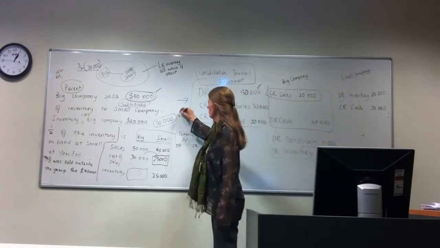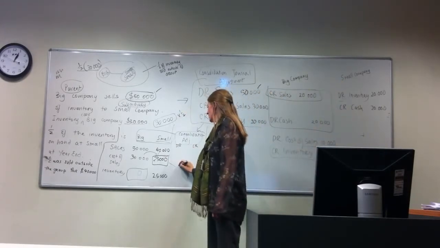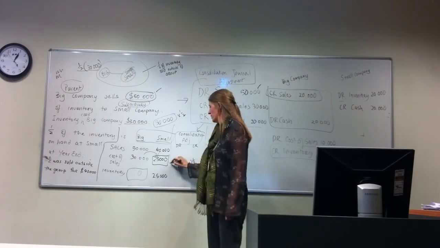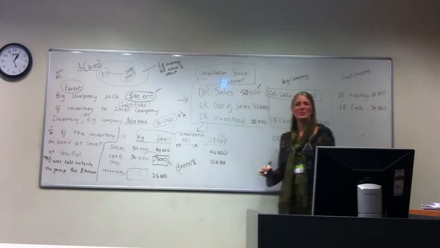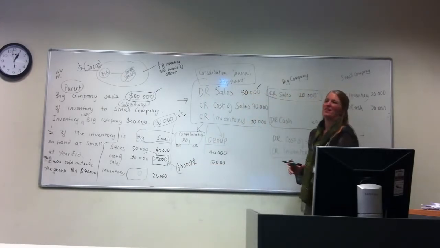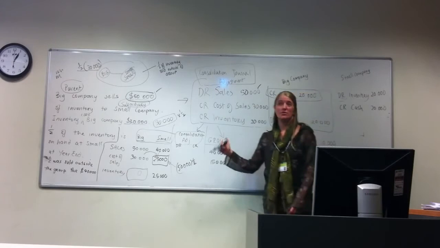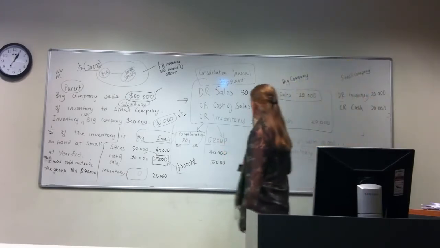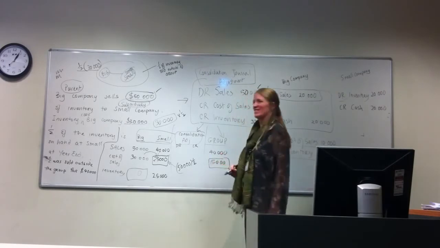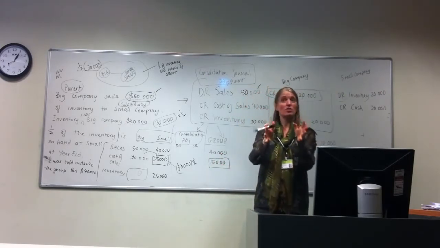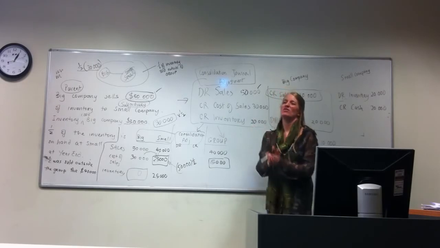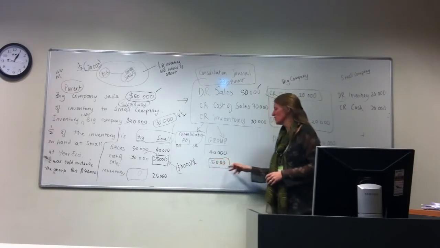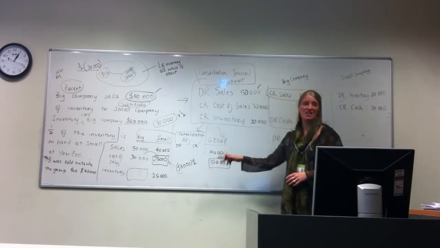So what they've done here is they've said 50 times half. And that's the 25, isn't it? Because obviously Small bought the stock for 50, they've sold half, so 50 times half is 25. But we're looking from the group's perspective. How much did the stock cost the group? It cost the group 30. And we sold half of that outside. So it's going to be a cost of sales for the group of 15.